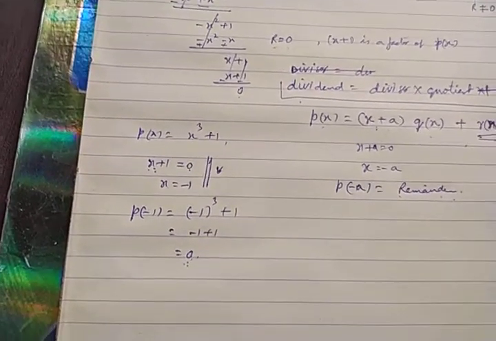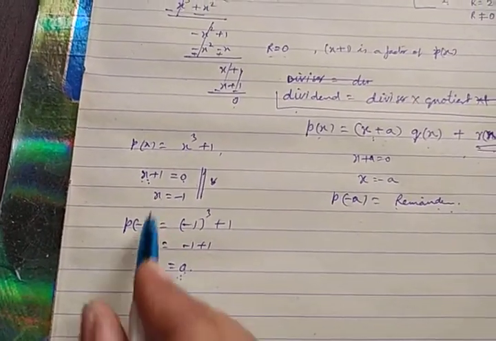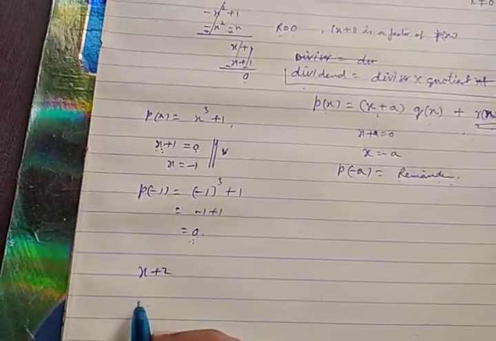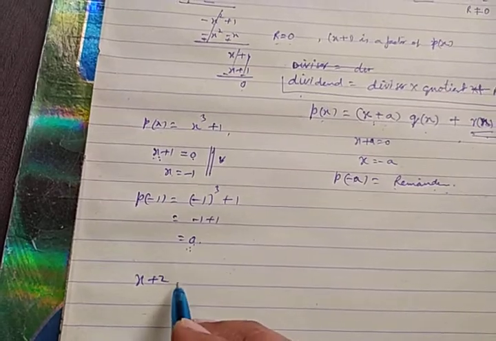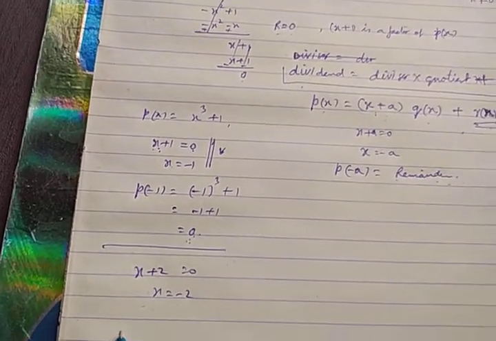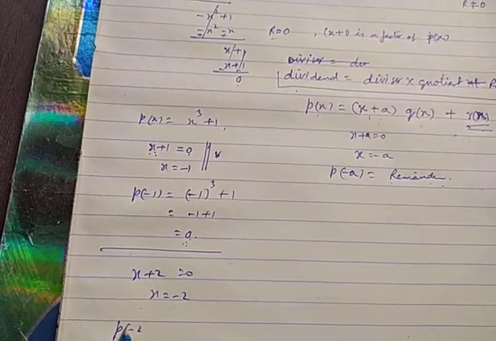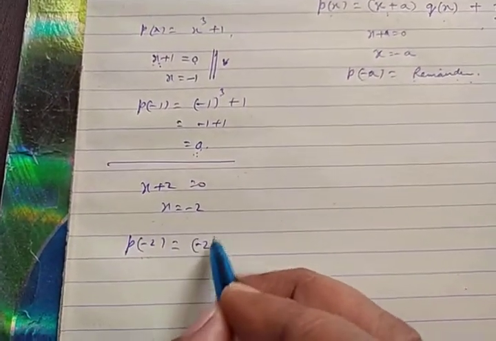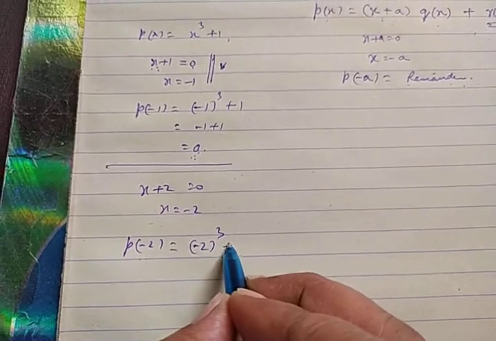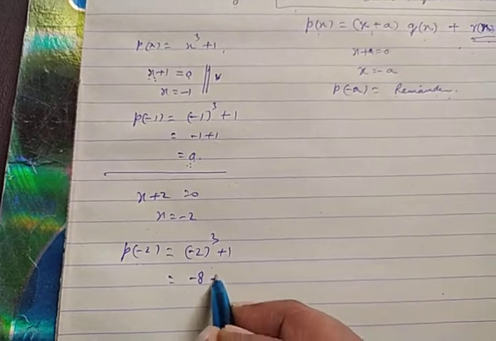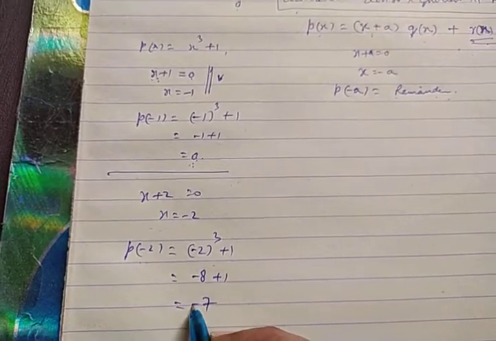Let us take an example for the sake of understanding. Suppose I am dividing by x plus 2. When you divide by x plus 2, make it equal to 0, you will get x equal to minus 2. Now calculate p(minus 2). P(minus 2) calculation means simply minus 2 to the power 3 plus 1, which will be minus 8 plus 1, getting minus 7.